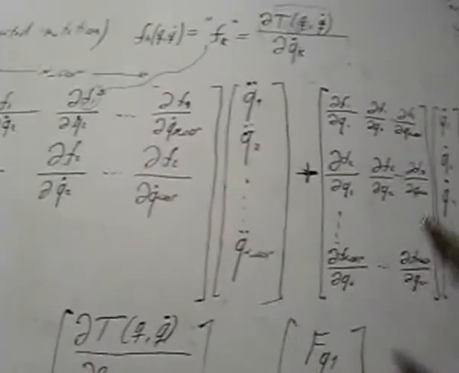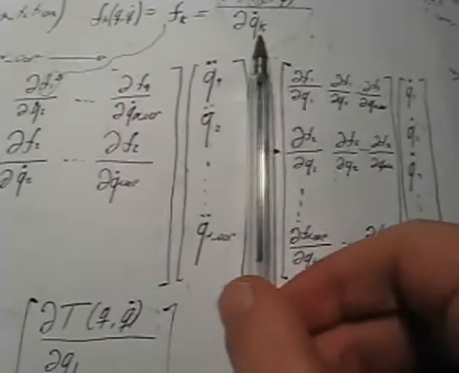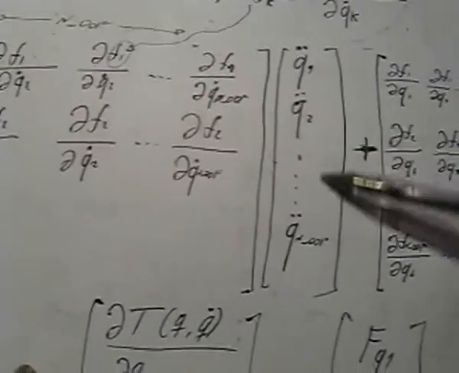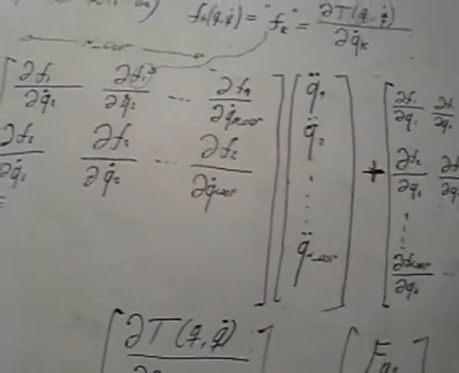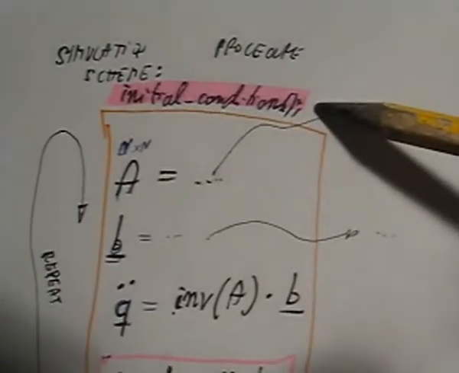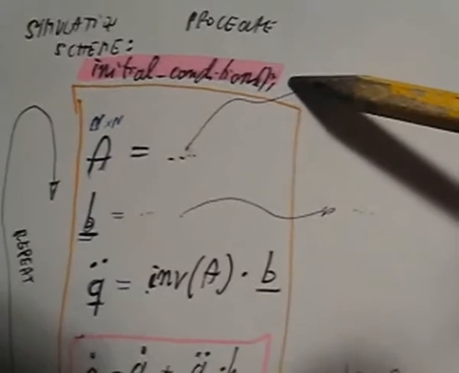Okay, you can bring all these, which are all known terms, rewrite, and leave this matrix by the vector of q double dots here. You realize that a general simple computer simulation procedure using the Lagrangian method will be of this kind. Initial conditions with q0 and q dot zero.